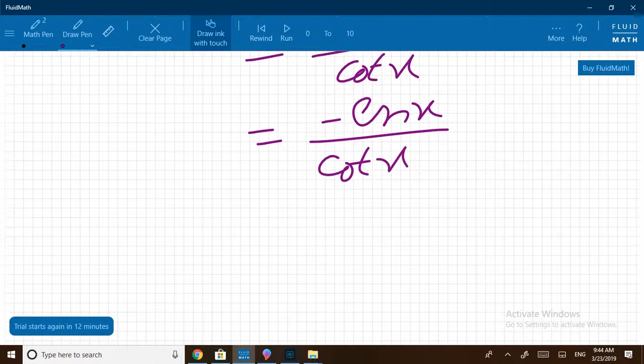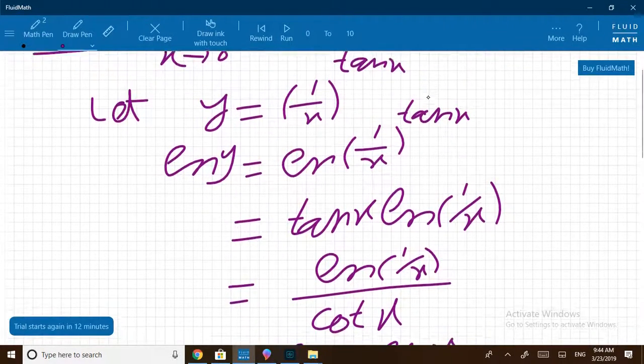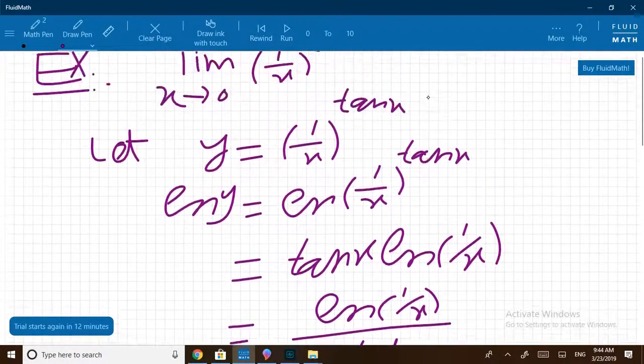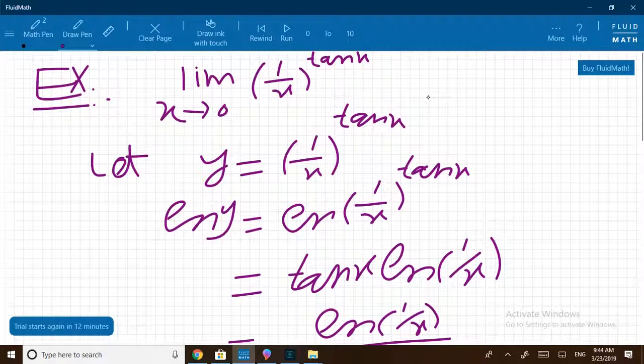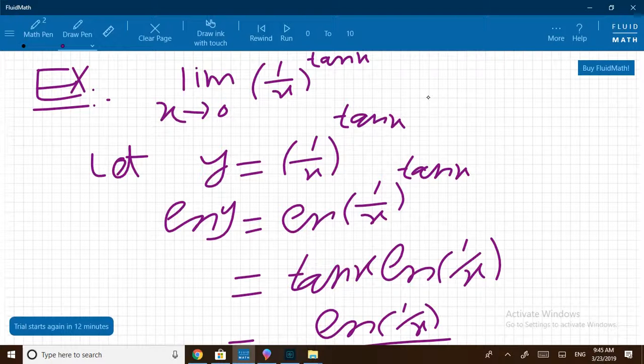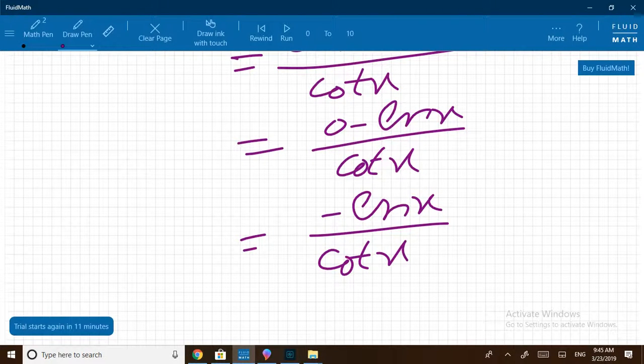Now we can see natural log of y equals minus natural log of x over cot x.